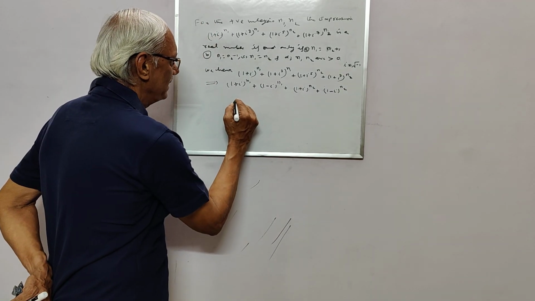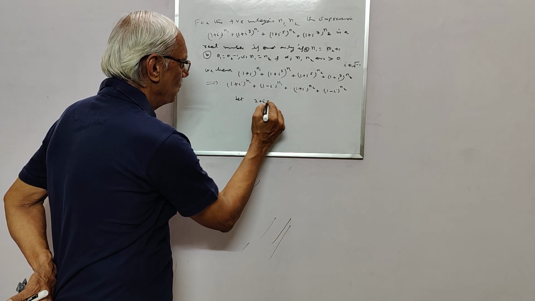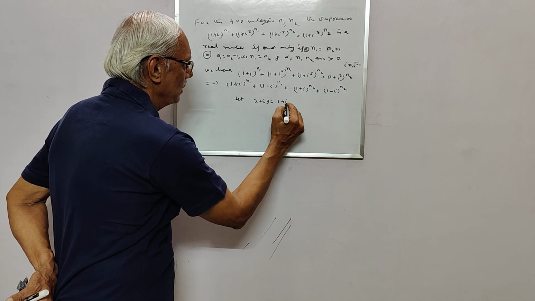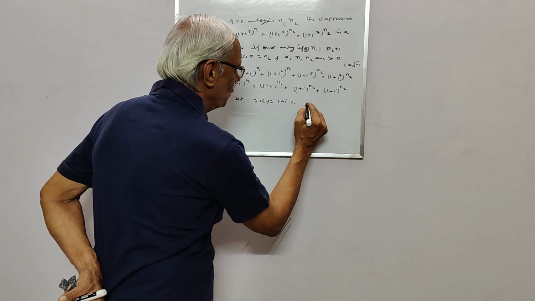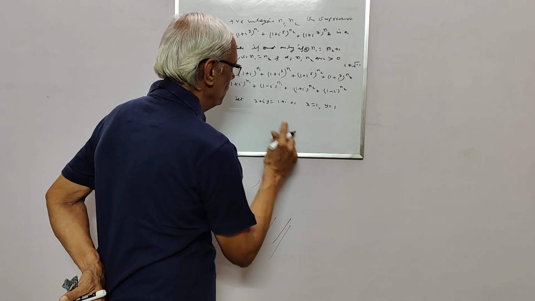Now I will put it like this. Let x plus iy be equal to your 1 plus i. So this implies your x is equal to 1 and y is also equal to 1.